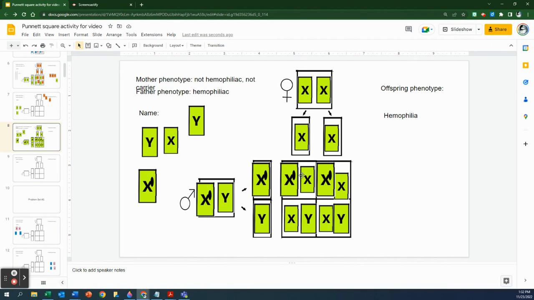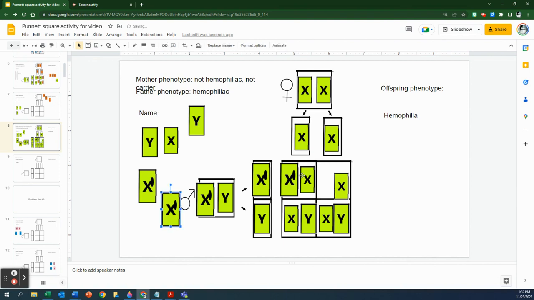Carriers means you carry the broken gene, but because females have two X's available to them, and only one of them is inactivated, they're inactivated by random in each body cell. And since each of them is inactivated randomly, they're not affected by hemophilia. They're just carriers.